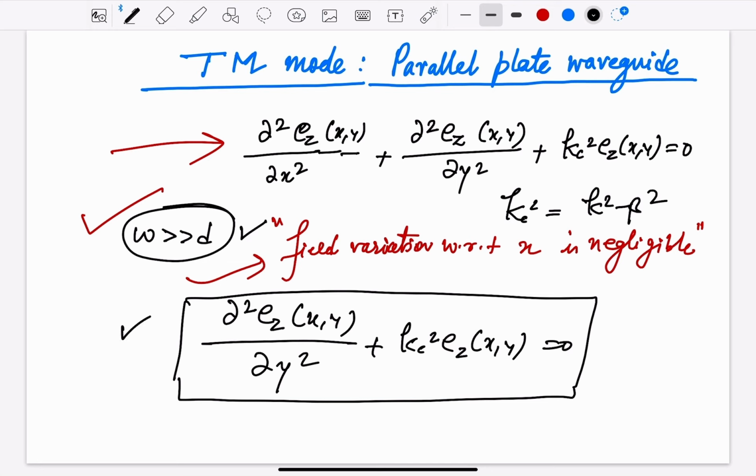We are all aware about these things, and you may write these things as omega by k under root 1 minus fc over f to the whole square, or you are also free to write like this: 1 upon under root mu epsilon, divided by under root 1 minus fc over f to the whole square. Fine. So we can make a certain conclusion here, and it is really very important.